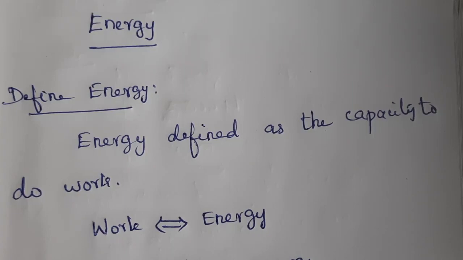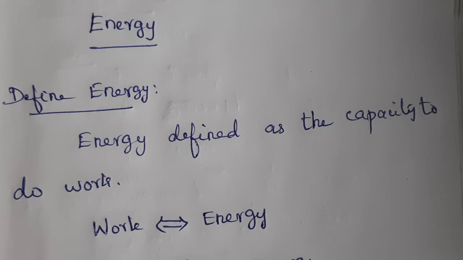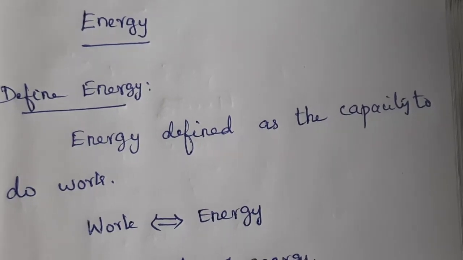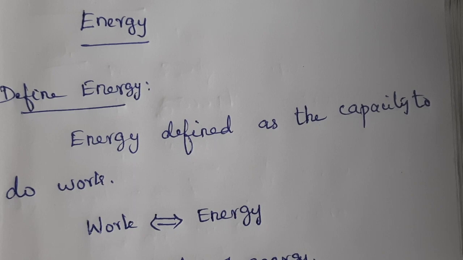In physics, yesterday I started the fourth unit, work, energy and power. There, what is work? Work is said to be done by the force when the force applied on a body displaces it.